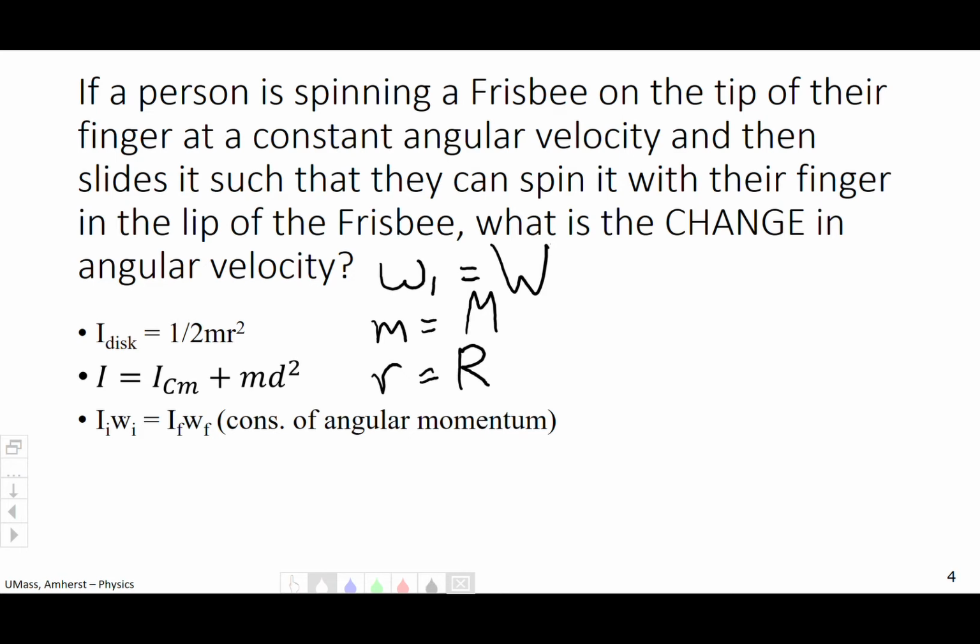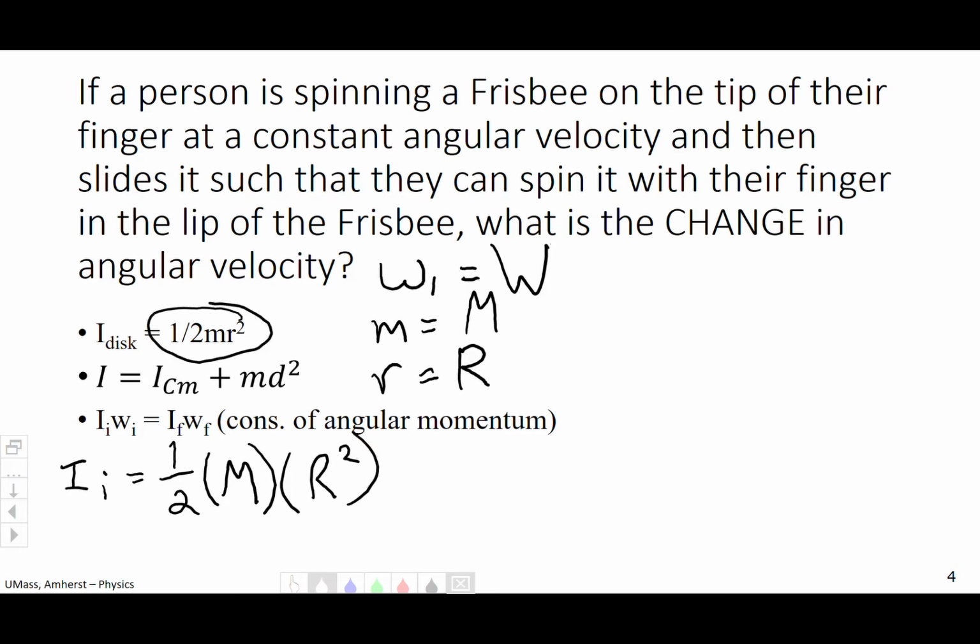First, we're going to use conservation of angular momentum, since we're changing our system, but angular momentum has to be constant. So the initial moment of inertia is 1/2 capital M capital R squared. We get that from the formula 1/2 mr squared.